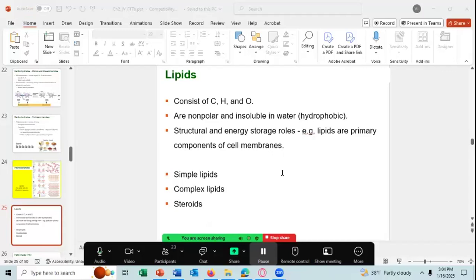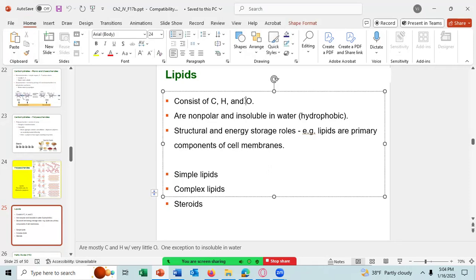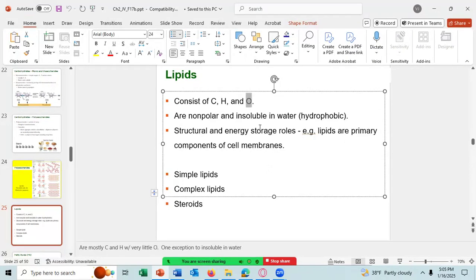All right. Lipids consist of carbon, hydrogen, and oxygen. However, there's very little oxygen in lipids. They do have a little bit, but very little. I'll show you a slide in just a minute. Lipids are mostly nonpolar and insoluble in water, meaning lipids tend to be hydrophobic.